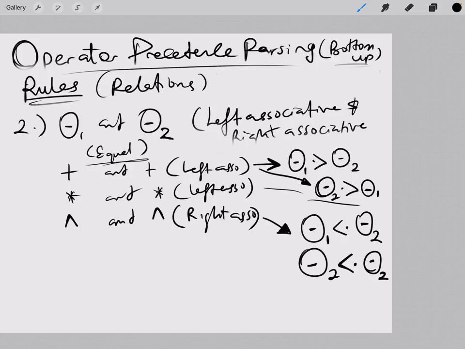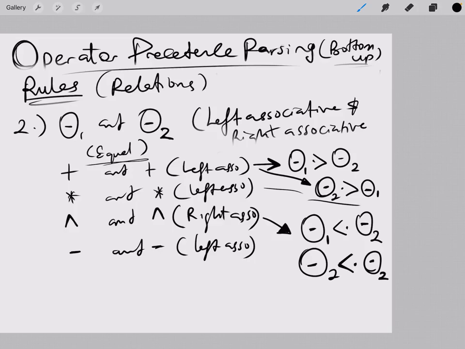We'll talk about things like minus, but for now we can just say that minus and minus is also left associative, and division is also left associative. So when we have 6 divided by 3, we do 6 divided by 3, not 3 divided by 6. So 6 divided by 3 is 2, not 0.5.